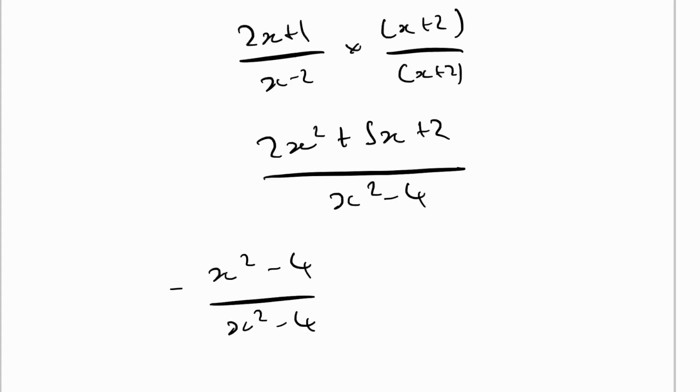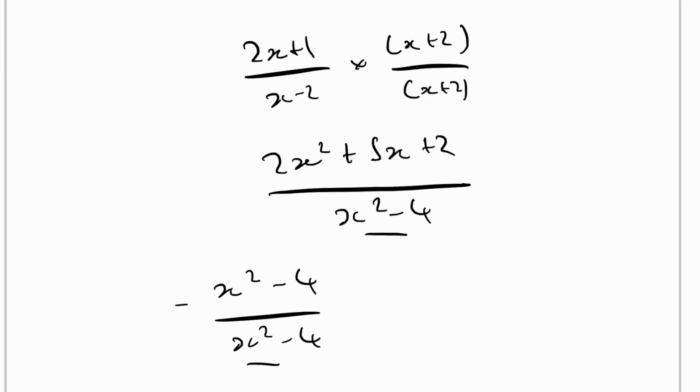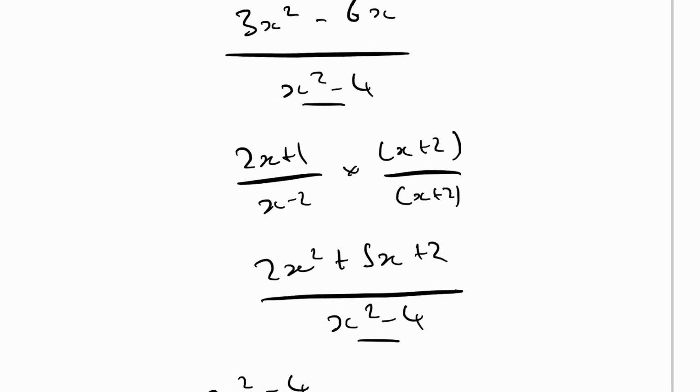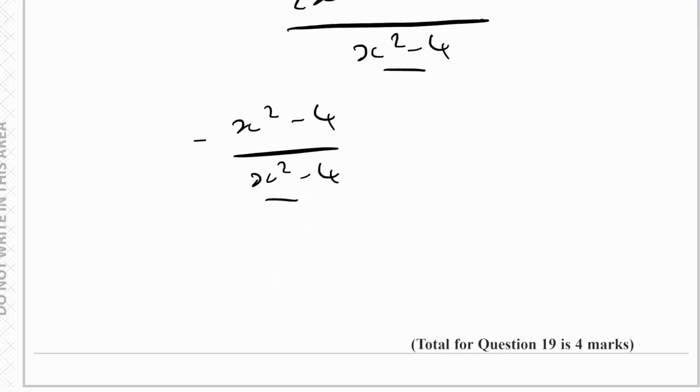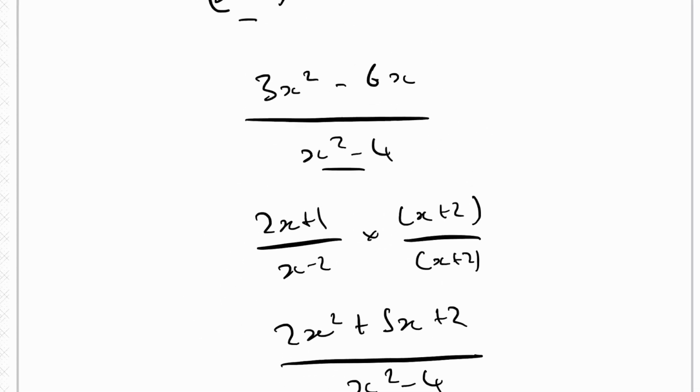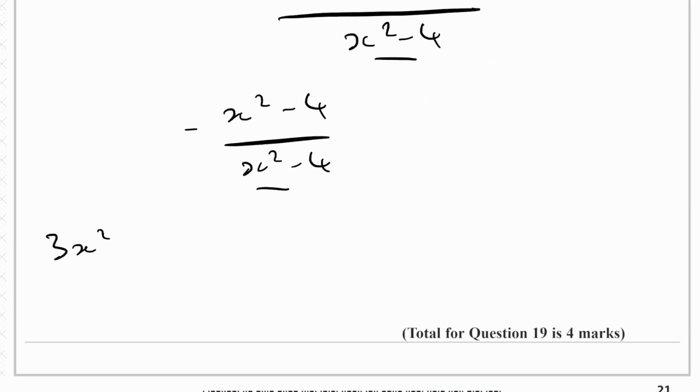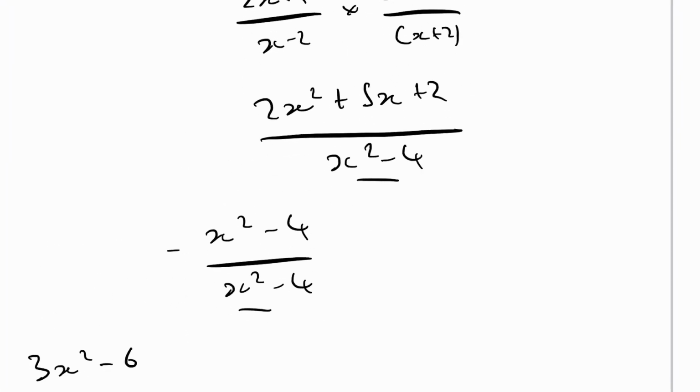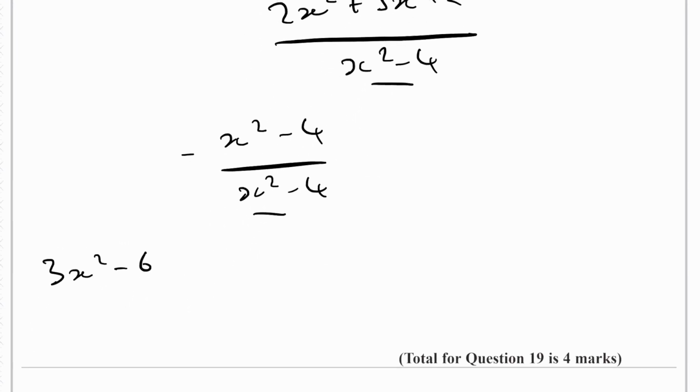Then you just need to combine all of these. Because they all have the same denominator, you can just work with the numerators and then put them all over the same denominator. So let's write this all out down here. I'm just going to grab 3x squared minus 6x. That's the first numerator. The second numerator was 2x squared plus 5x plus 2.